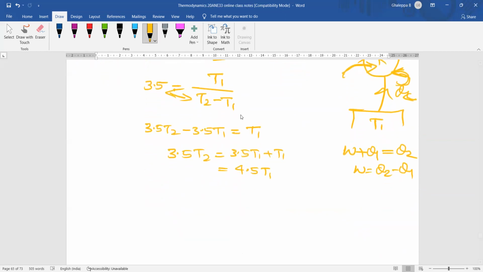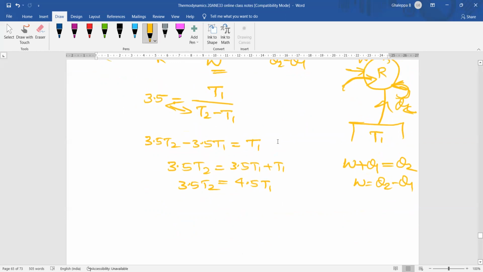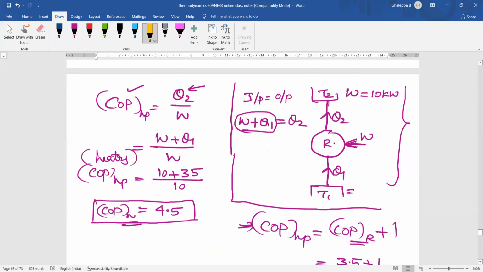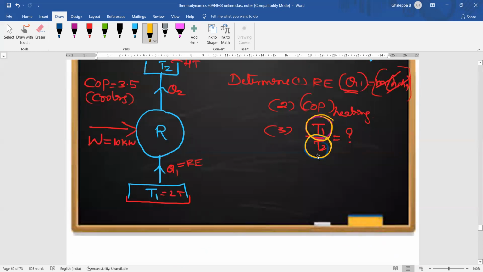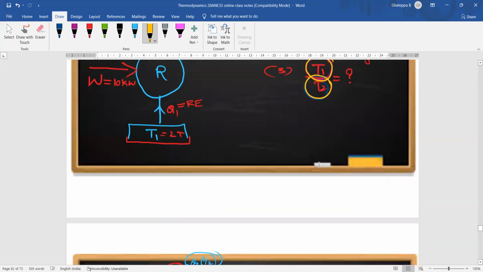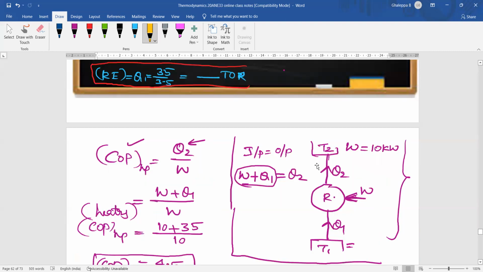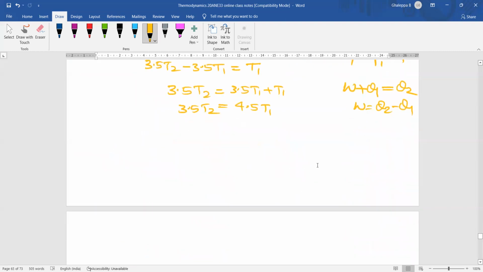So 3.5 T2 on the left hand side, and he has asked the ratio of low temperature to high temperature, or high temperature to low temperature. Here he has asked low temperature T1 and high temperature T2, so I will take T1 by T2.